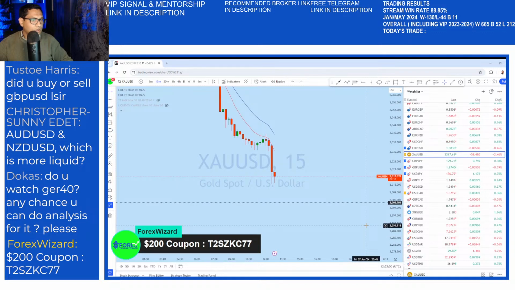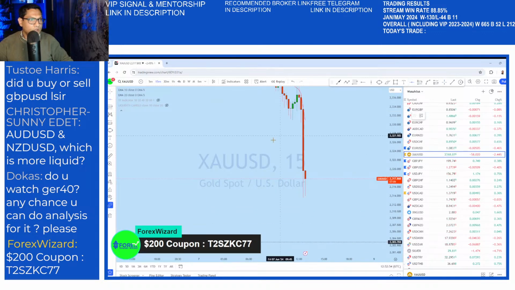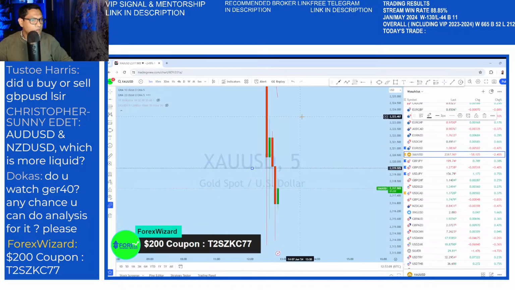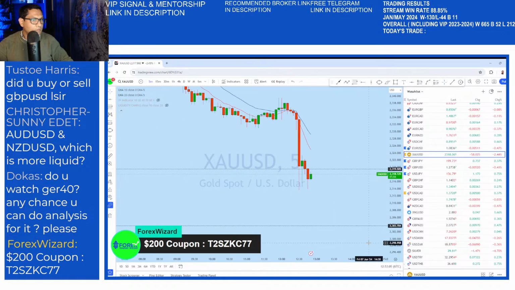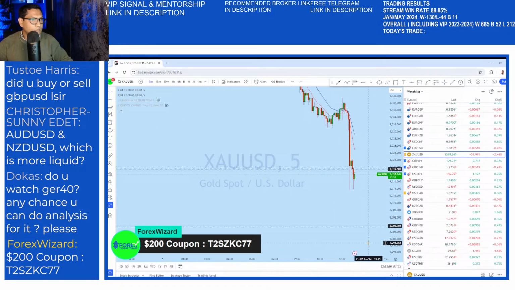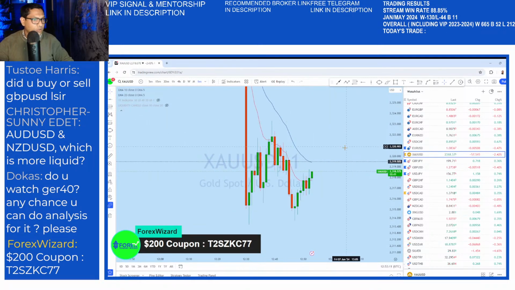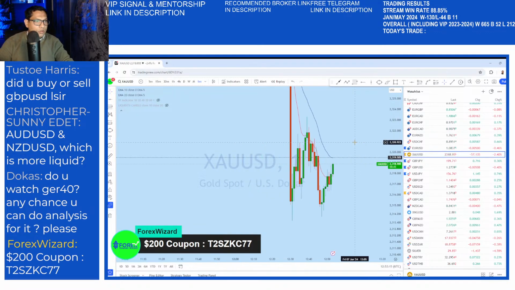So gold, this is the resistance. We need to enter, then we need to look for that potential zone. So there is a liquidity zone here on gold.